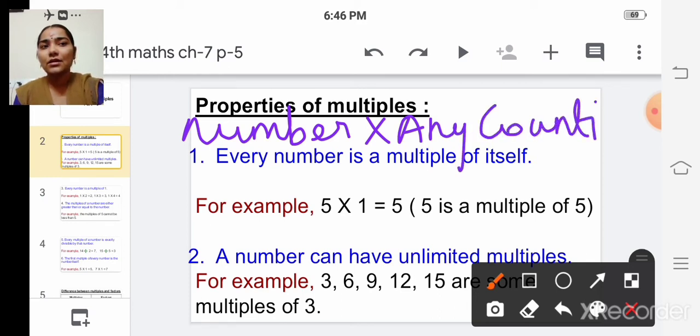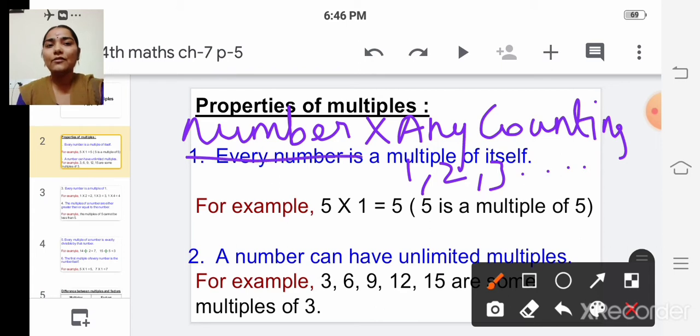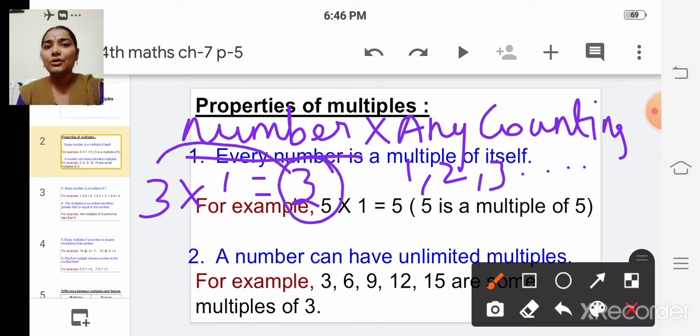Counting numbers means 1, 2, 3 and so on, isn't it? So to find the multiples of 3, we multiply 3 into numbers starting from 1. 3 ones are 3. So we are getting 3 is a multiple of 3.